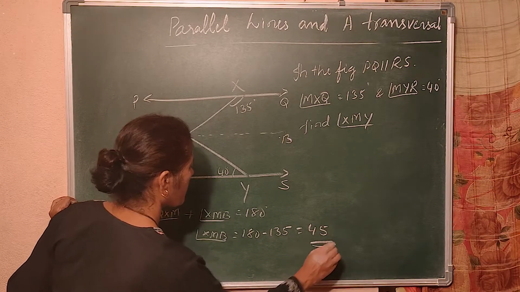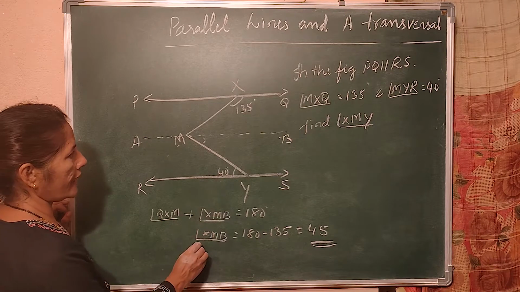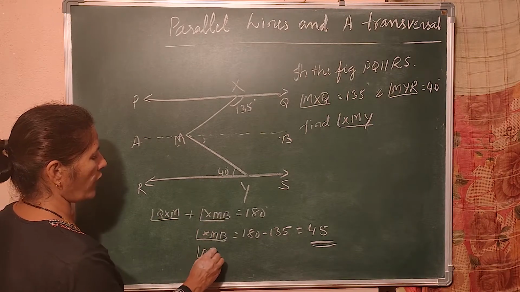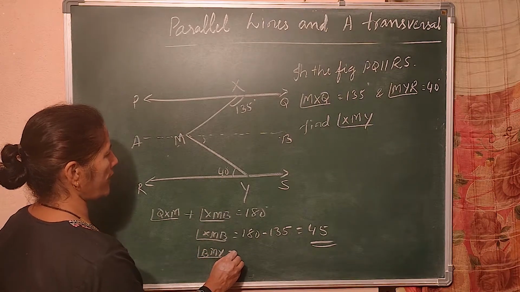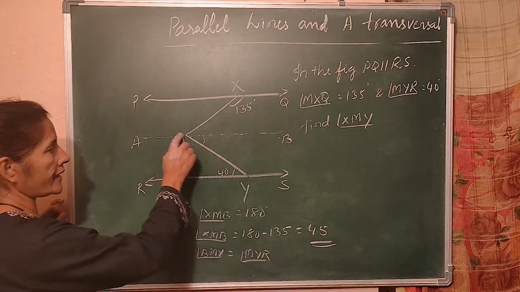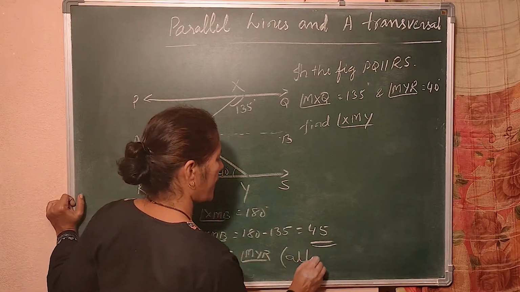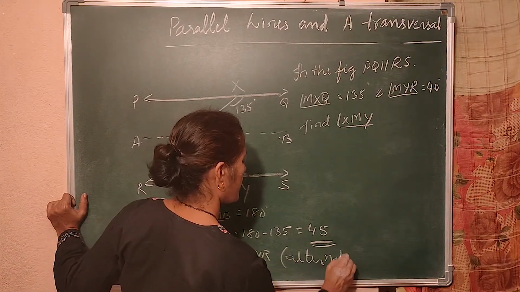Am I right? Now, this angle is equal to this angle. Angle BMY is equal to angle MYR. Why? Alternate angles.